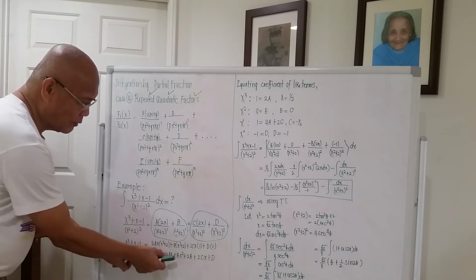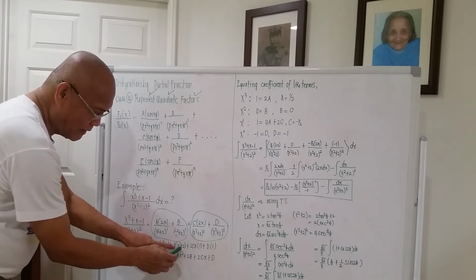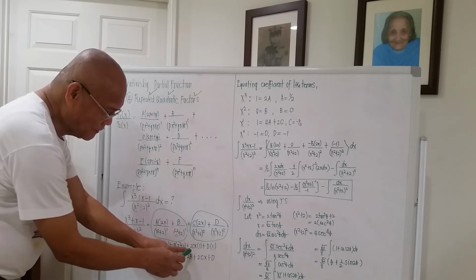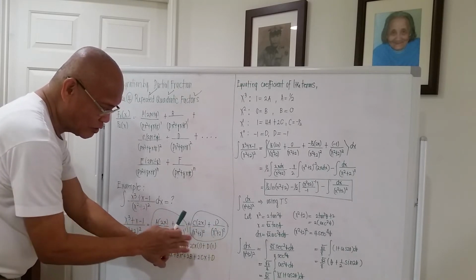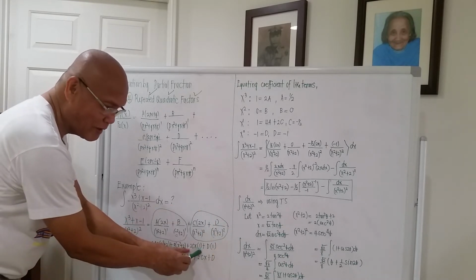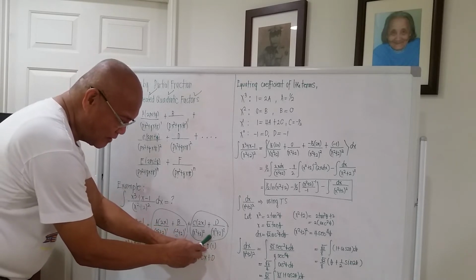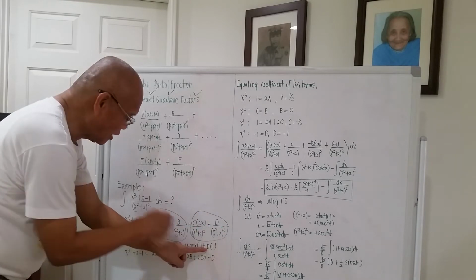1 times x squared plus 2 will remain, plus B, again, x squared plus 2 will remain as a multiplier. For C, 2Cx, x squared plus 2 quantity squared will vanish, it will cancel out, so this is just multiplied by 1, plus D, the denominator will again vanish, it will cancel out with the multiplier, right?